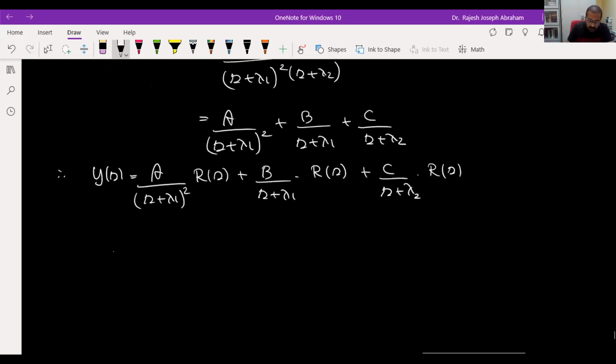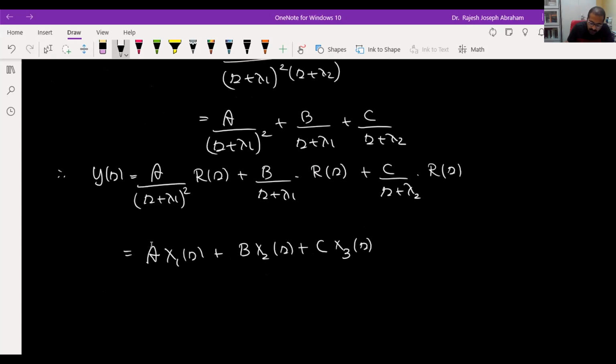Okay, so like we did before, we define this as a into x1 of s plus b into x2 of s plus c into x3 of s.